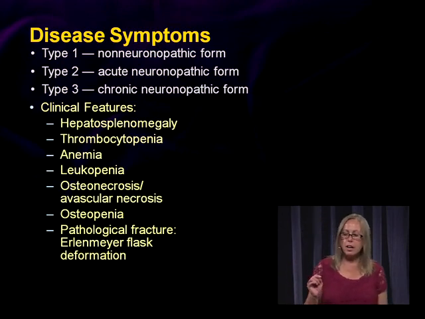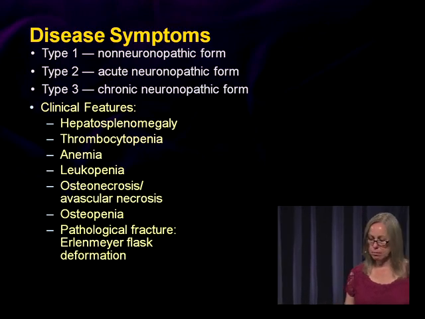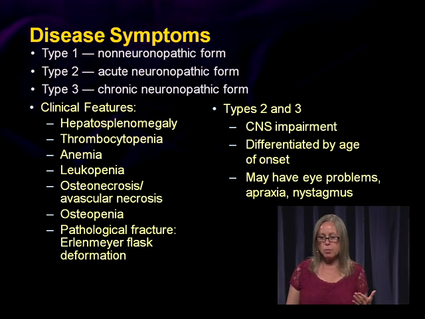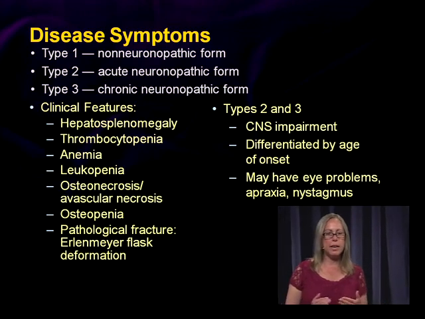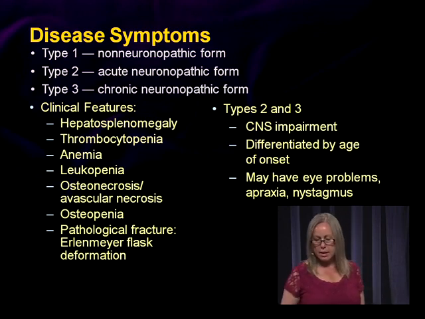You can get an osteonecrosis and avascular necrosis, osteopenia. And their pathologic fracture is an Erlenmeyer flask deformation. Types 2 and 3 now have CNS impairment, and they're just differentiated by the age of onset, early versus late. And they may also have eye problems, apraxia, and nystagmus.